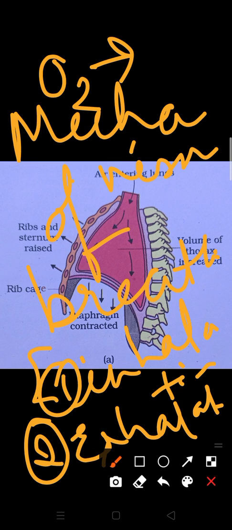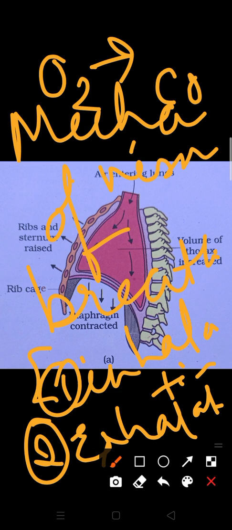Now oxygen is present in our blood, and from the blood it is transported to the target area where oxygen is needed, meaning our tissues. These tissues are made up of cells, so ultimately oxygen is diffused towards our cells. And inside the cell what is present?